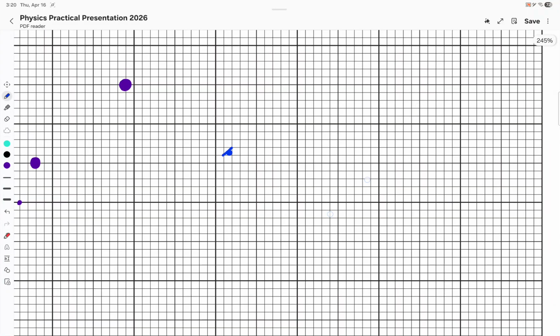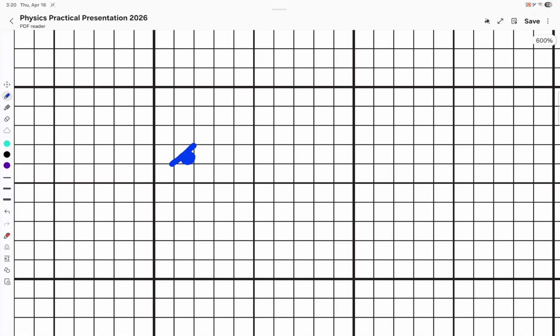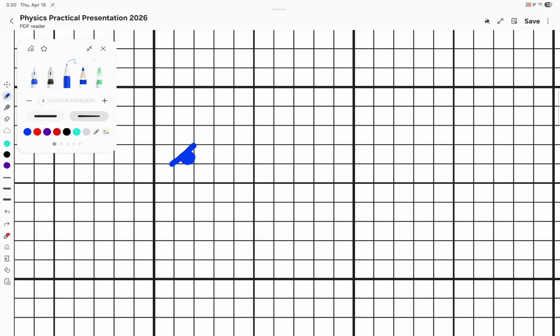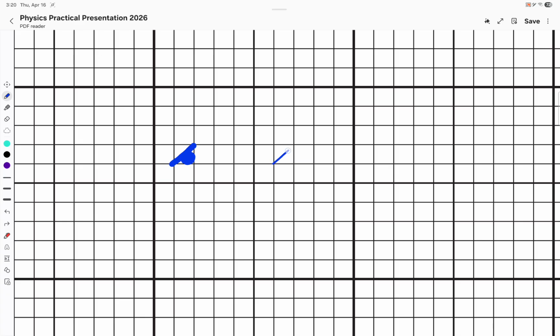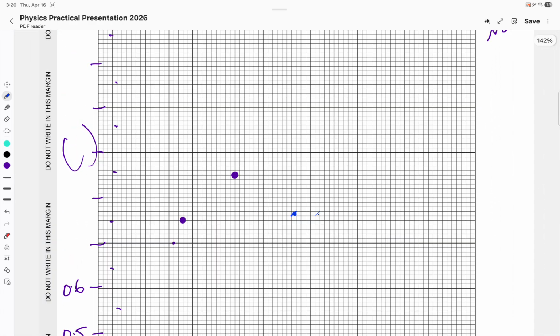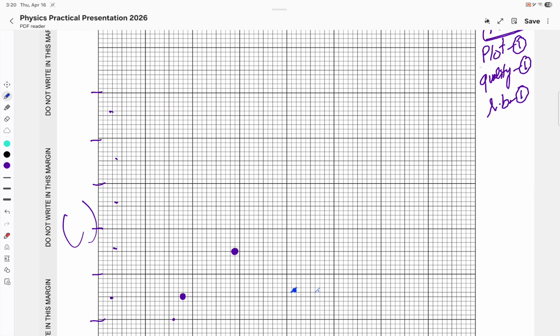Okay, but if it goes beyond that, let me just make a much thinner line. This is the line and this is my plot. But if my plot crosses this line like this, it is greater than the half thickness, I might lose a mark for plot.